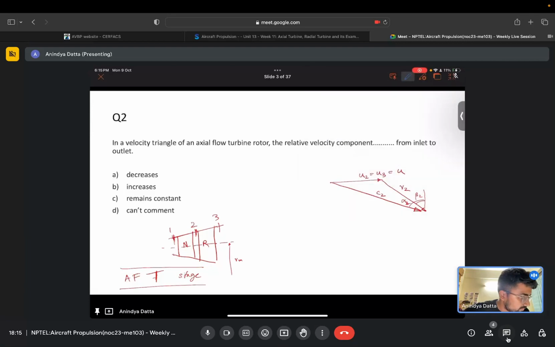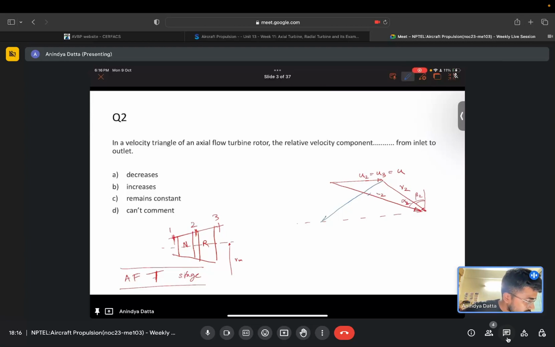At the outlet we have u, again the blade velocity is the same.